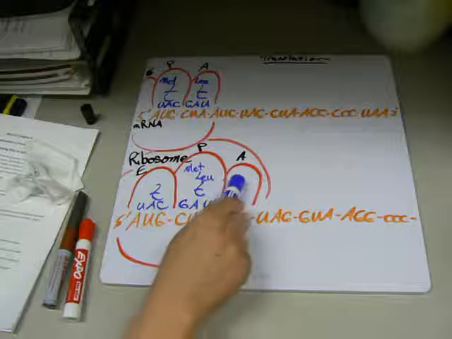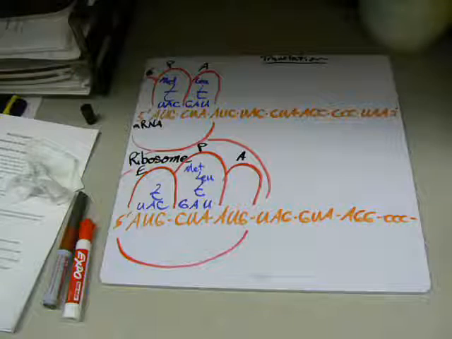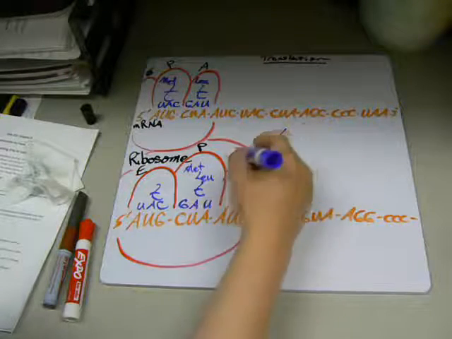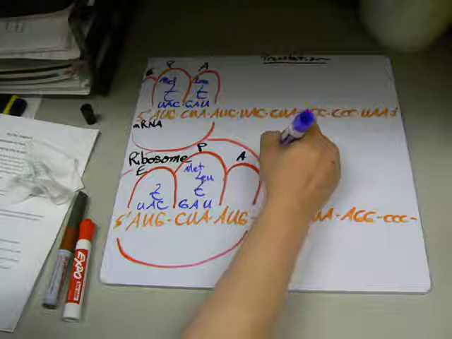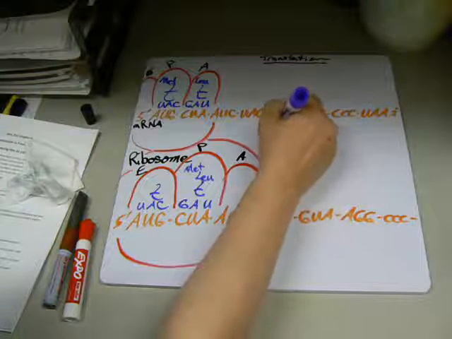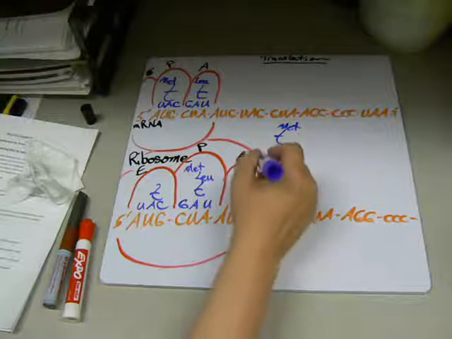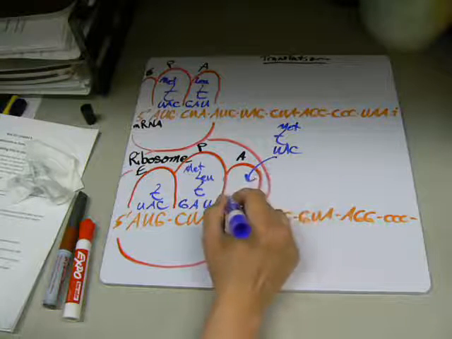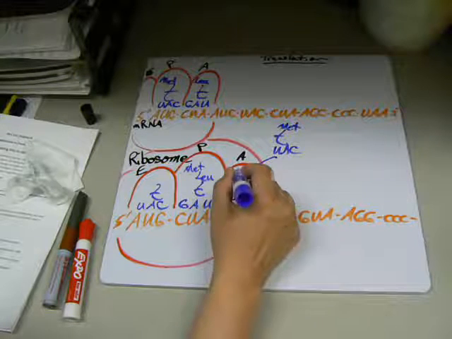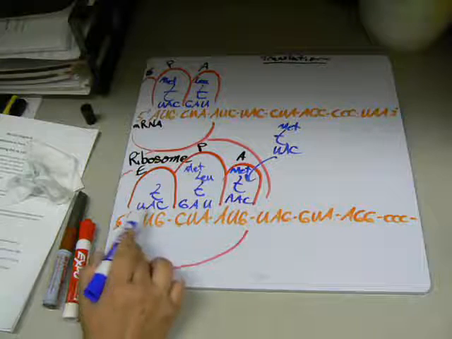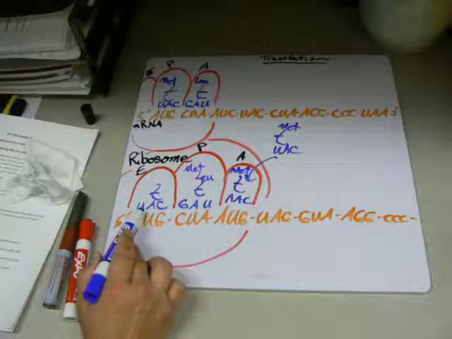So the A site is now open, and a tRNA from the outside that matches this is going to be UAC again, so it's going to be another methionine. No, you don't have to have these memorized. That's just one that I happen to know. So it's going to come in, and it's going to bind here, and we're going to have MET here. Now, this one is empty.